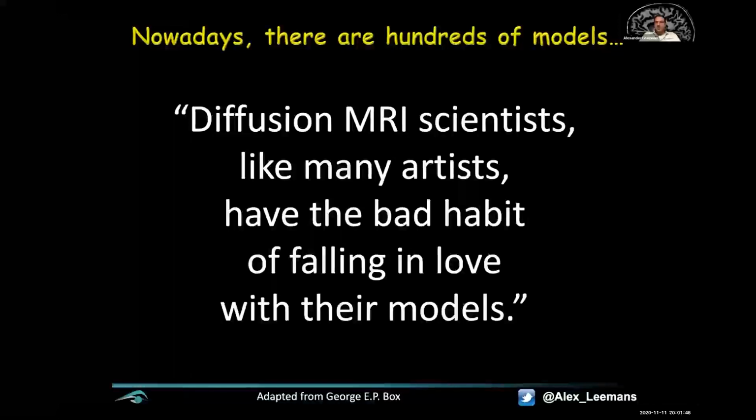So diffusion MRI scientists, like many artists, have the bad habit of falling in love with their models. And this is something that complicates progress. There's now so many models and everybody thinks they've got the best model, but it all boils down to assumptions. What assumptions are you happy with, and in what configurations are these valid, right? And this is something that is also a lot of ongoing research in this area.